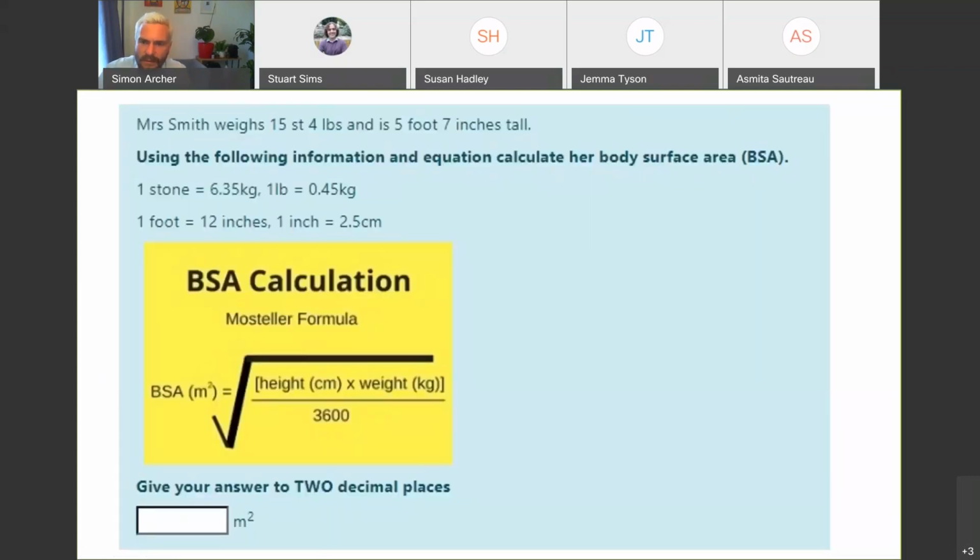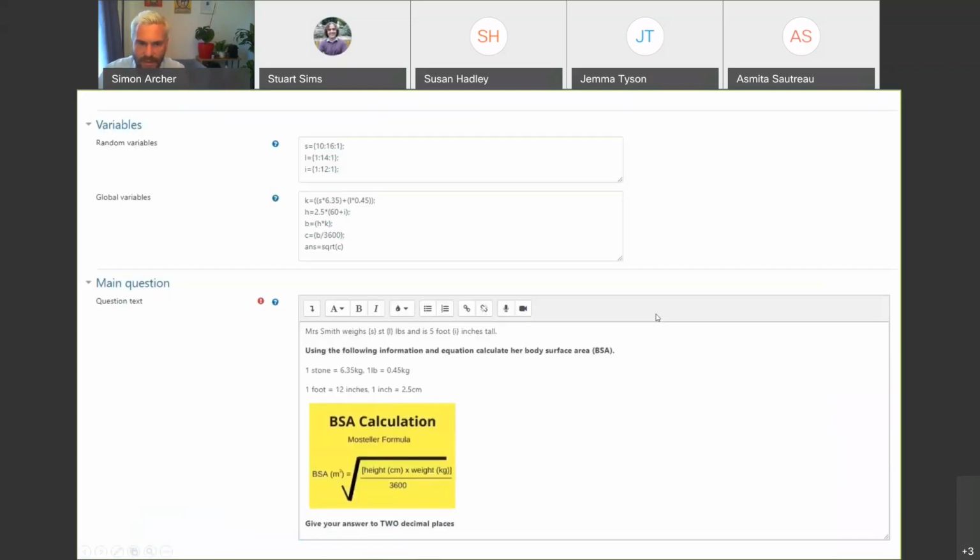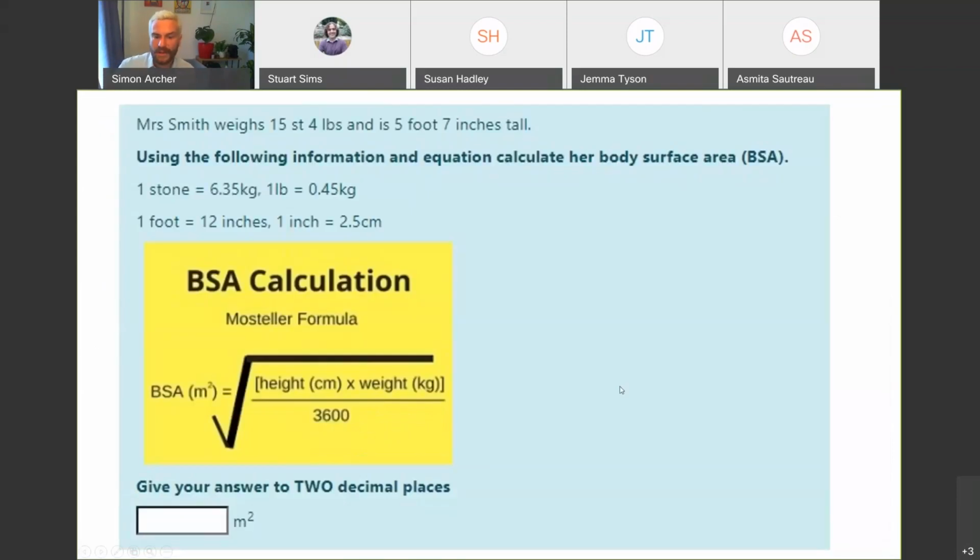Next one. The box is right in the way, unfortunately. So here is one where we've used a more complex formula, so the students have to do multiple steps. We've started off by giving them a person's weight in stone and pounds and their height in feet and inches, but we've given them a formula where they need to work out the height in centimeters and then the weight in kilos. I've given them the equivalences, I should say, for the weight and height, and they then need to input that into this equation.